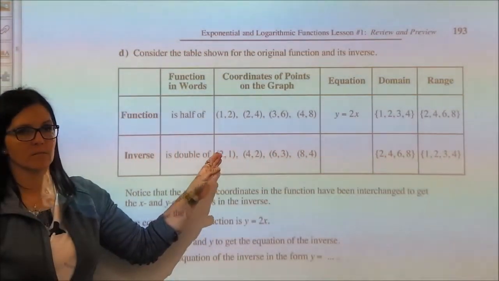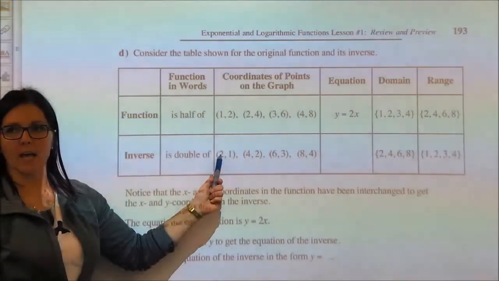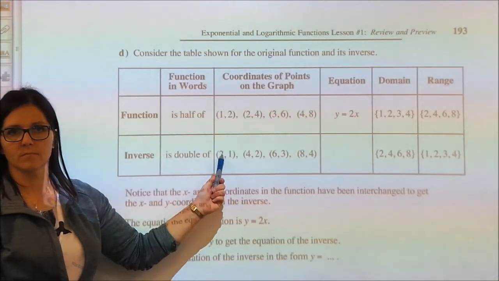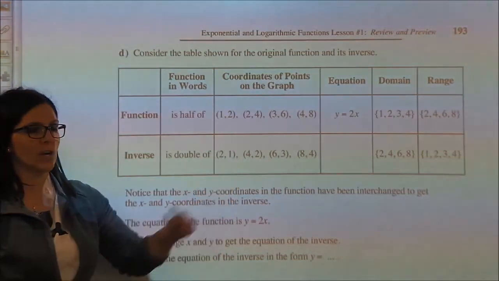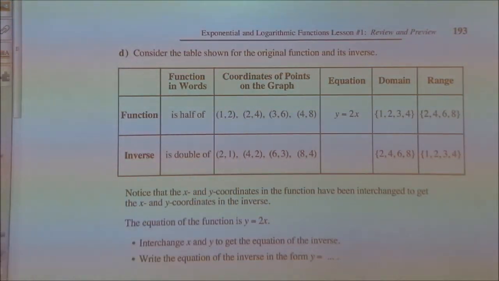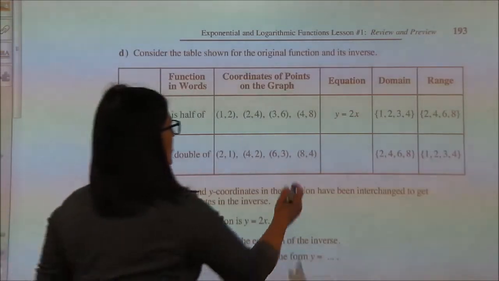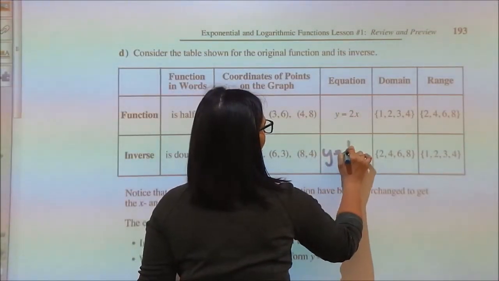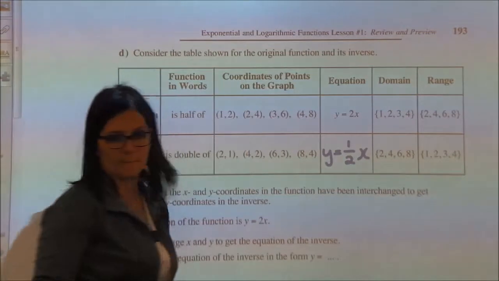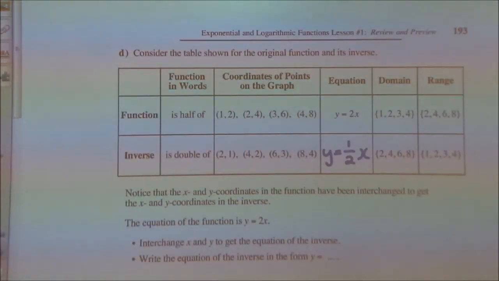My equation. What can I do to x to get to y? So what do I do to 2 to get to 1, 4 to get to 2, 6 to get to 3? Half it. So y would equal half of x. What if I didn't know how to get that equation? If the equation was more complex?